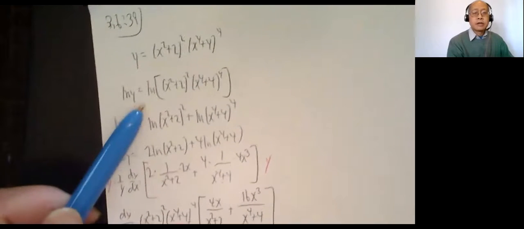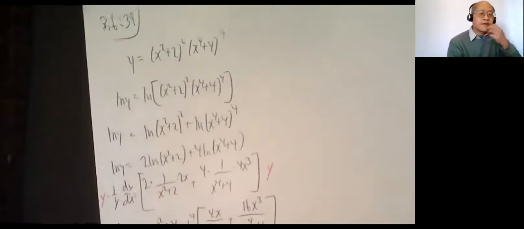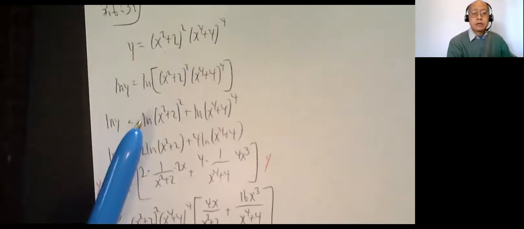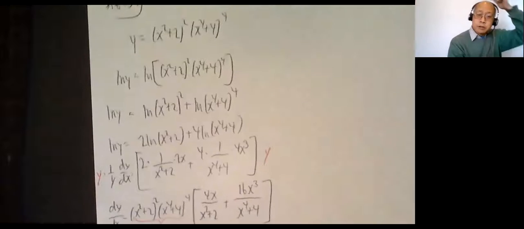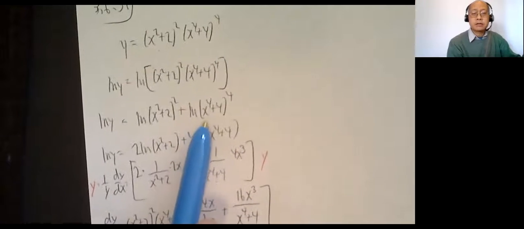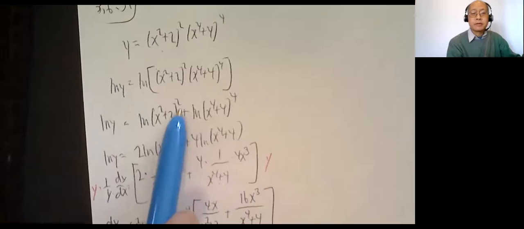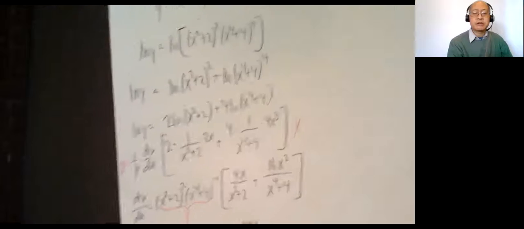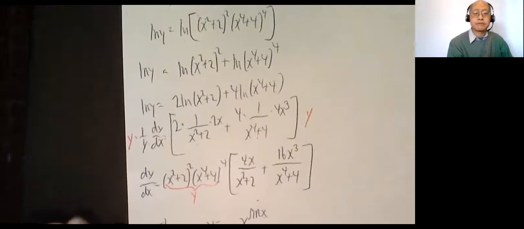Once you have the ln, the ball can get rolling. I have a product, so ln of this plus ln of this. And then the 2 can come down and the 4 can come down. That makes it much, much easier to take derivatives now.